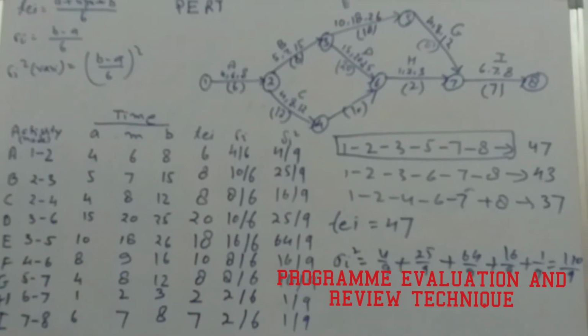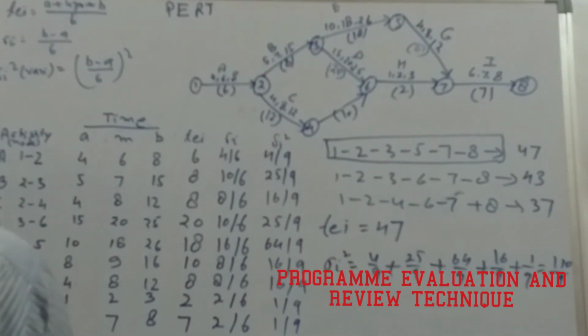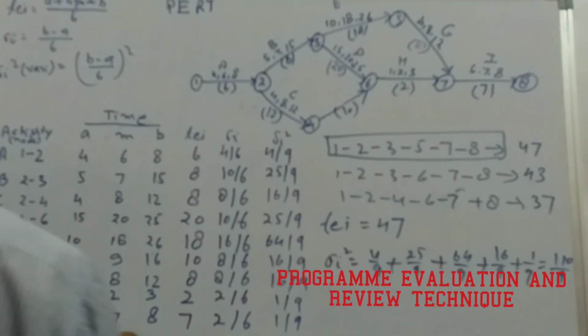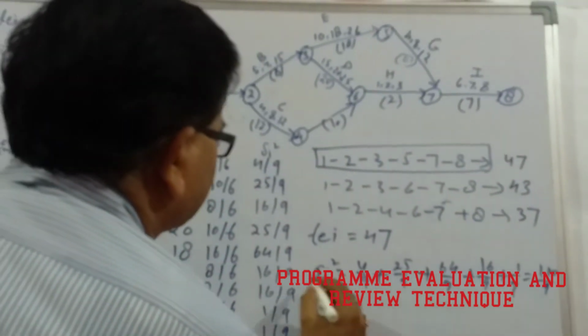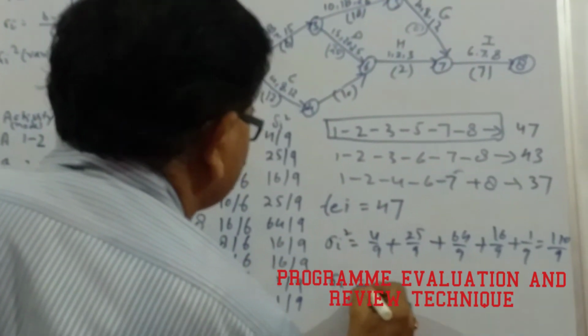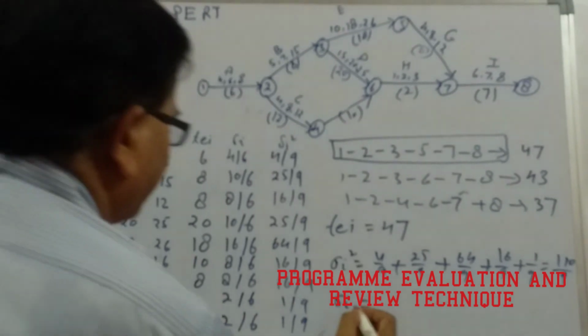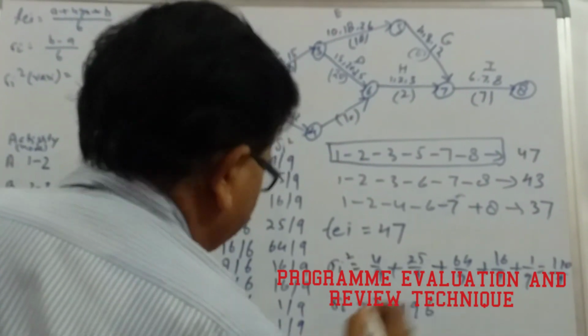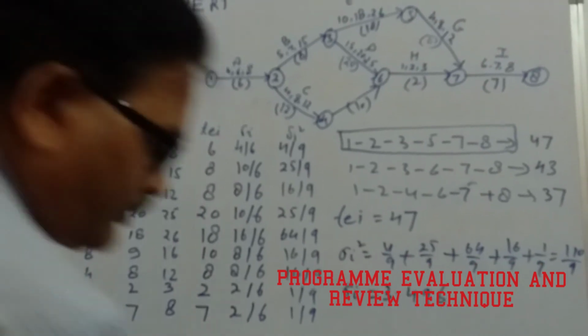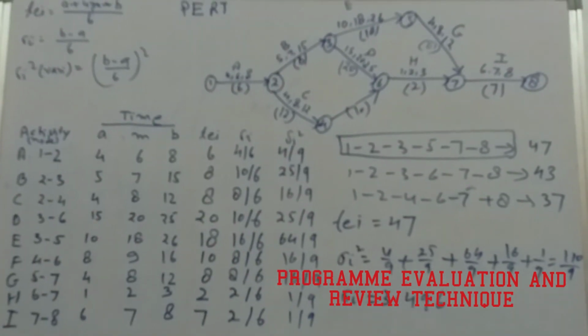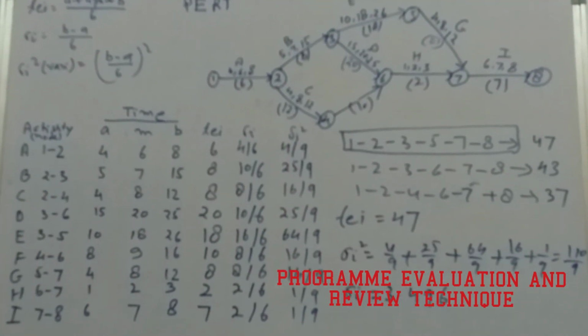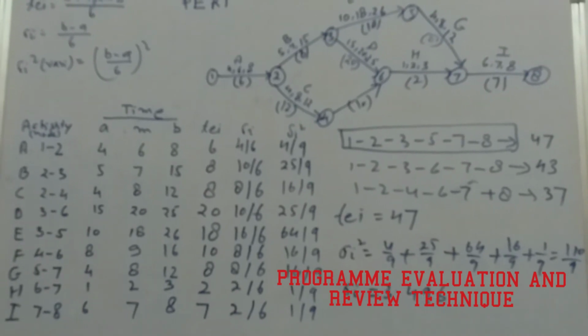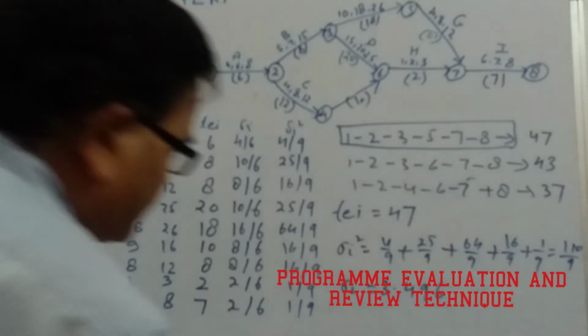Now this 110 by 9 is actually sigma i square. So sigma i is equal to, if you calculate it, you will find that this is 3.496.